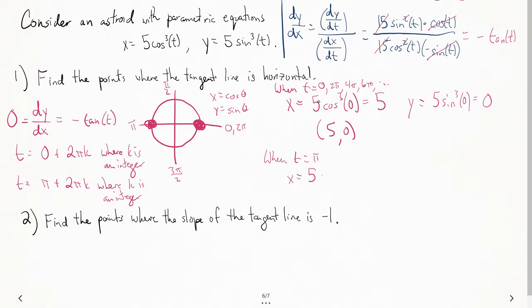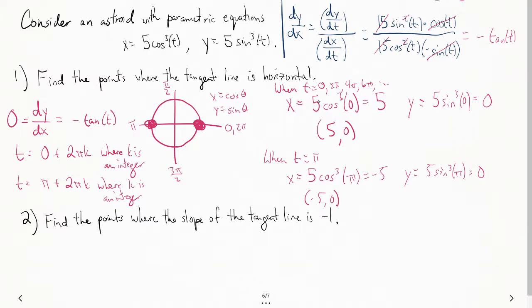You get 5 cosine cubed of pi. Well, notice that's going to be -1, so this should be equal to -5. And then y will be equal to 5 sine cubed of pi, which equals 0, right? So this is (-5, 0).